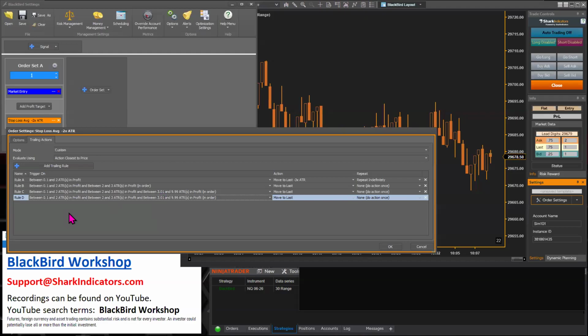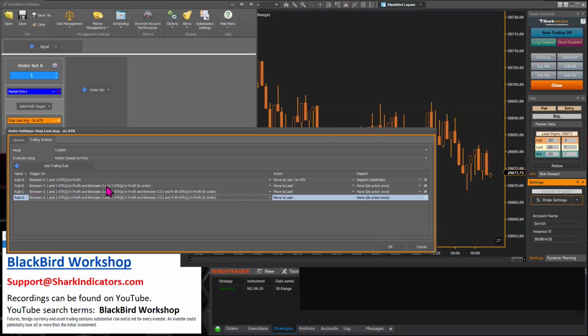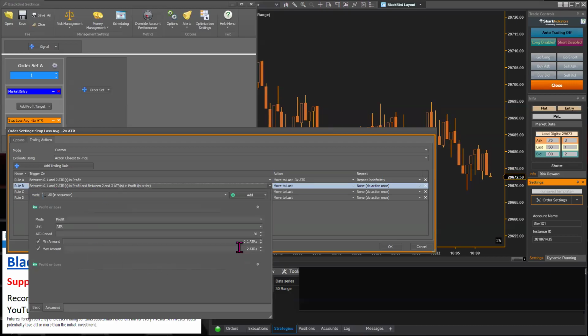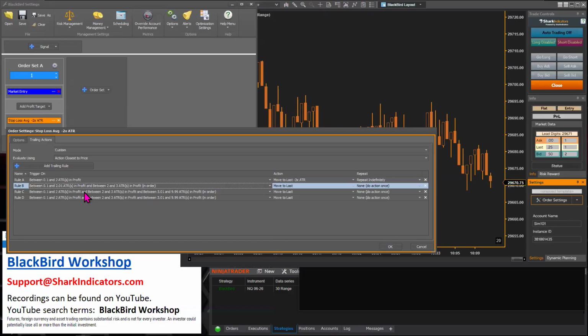But if you absolutely had to make sure that rule A goes to 2 and rule B only fires after 2 ATRs, then yeah, we could do that here. So yeah, if we wanted to refine it, there we go.